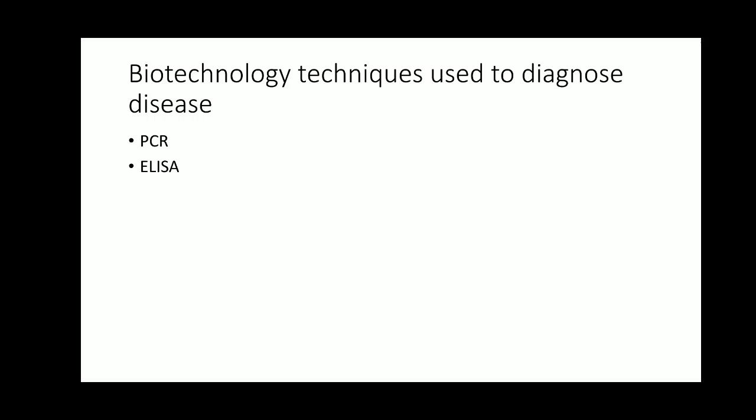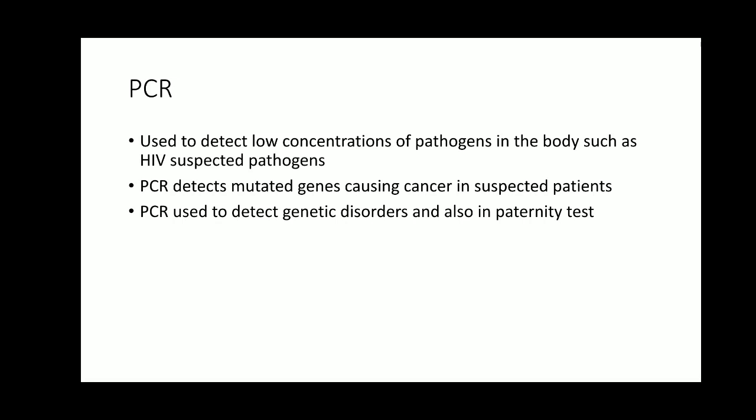And apart from that, we have another technique known as ELISA, that is enzyme linked immunosorbent assay. Here we are going to detect either the antigen or the antibody. Whenever a pathogen invades, what will happen?